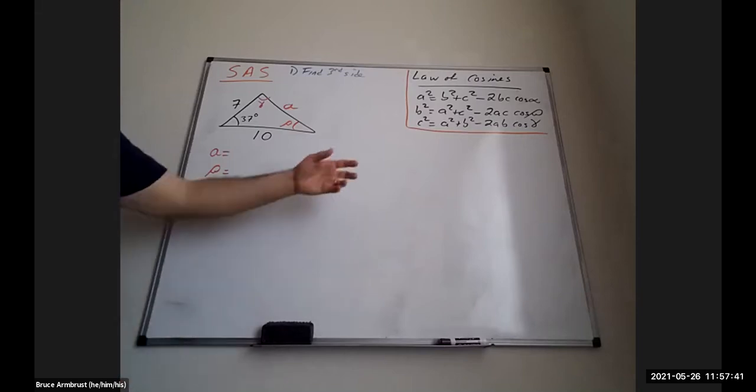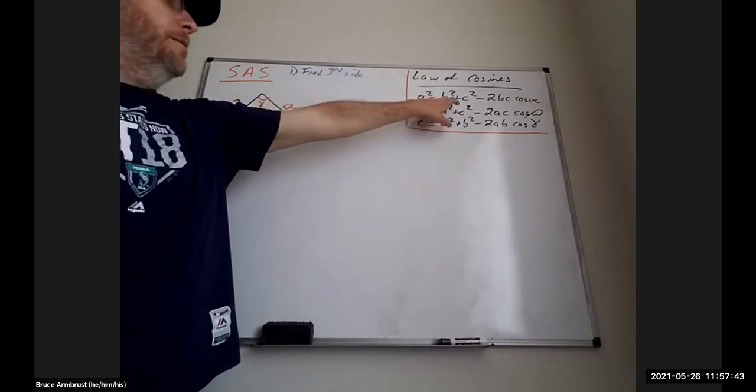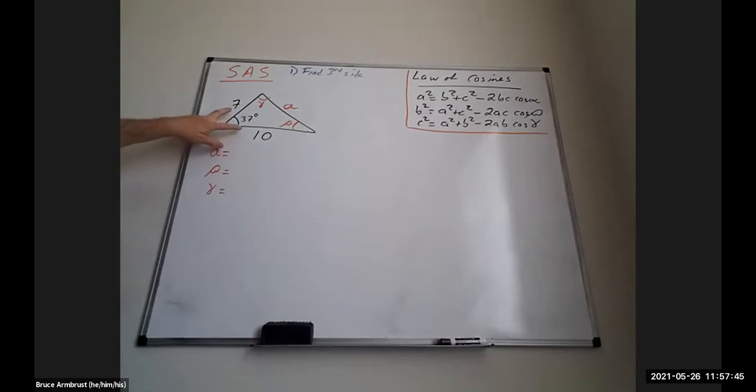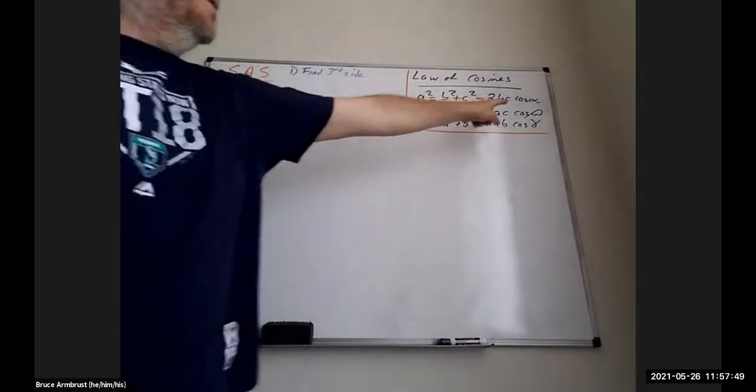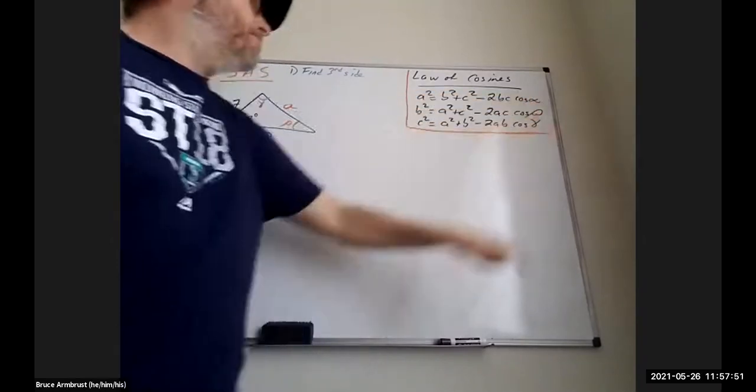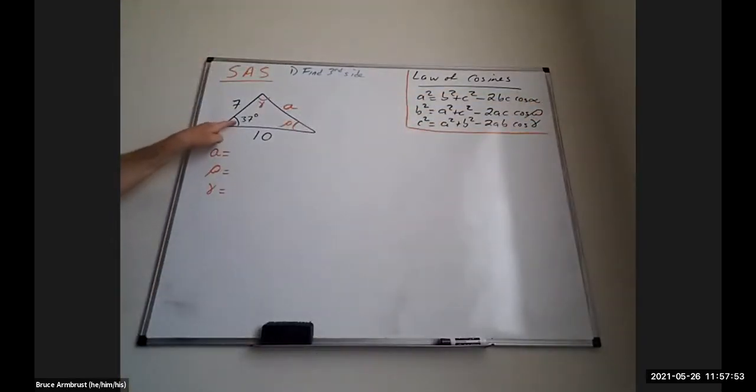So notice, to do this, we need to know B and C. Well, we got those. Those are these two sides. And then we also need to know alpha. Well, we do know alpha. That's the angle that was given to us.